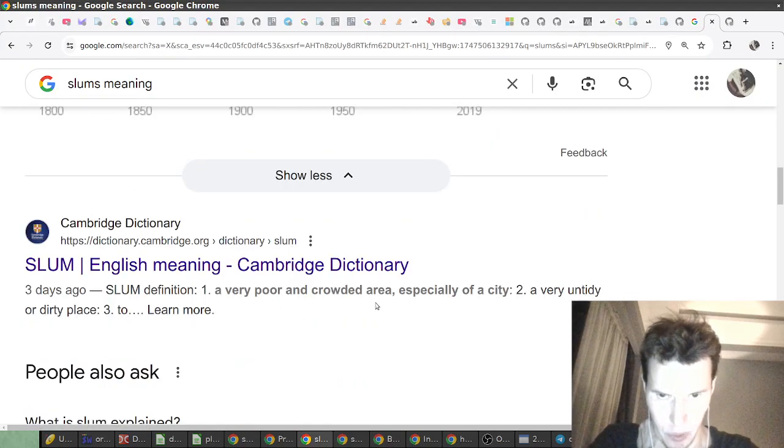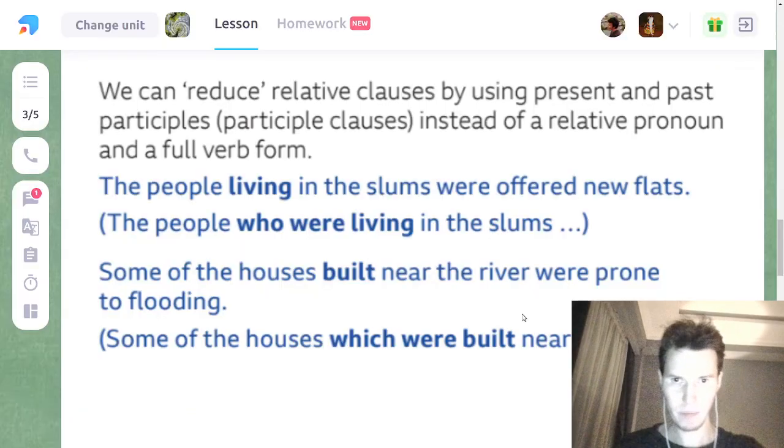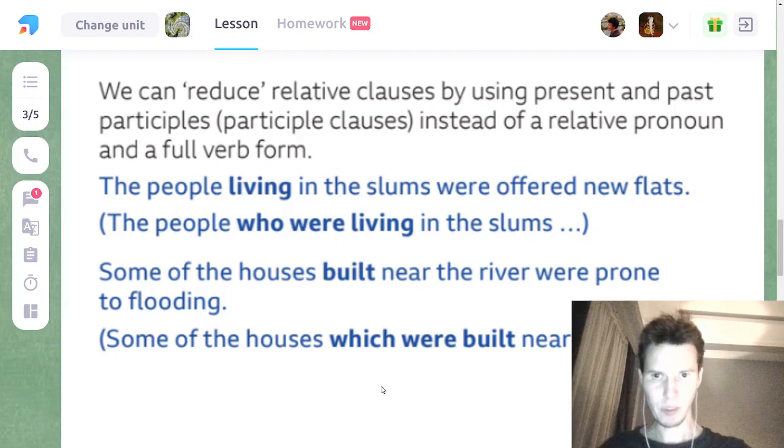Very poor and crowded area, especially of a city. Okay. So the people living in the slums were offered new flats. Wow. The people who were living in the slums. Okay, it's just a rule.